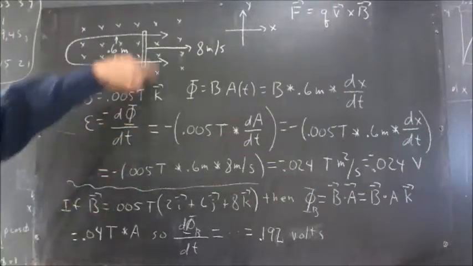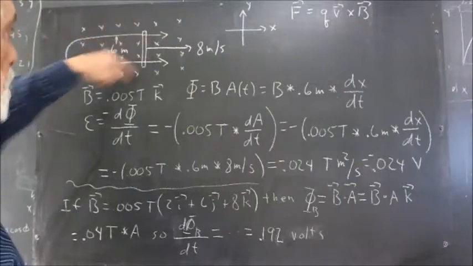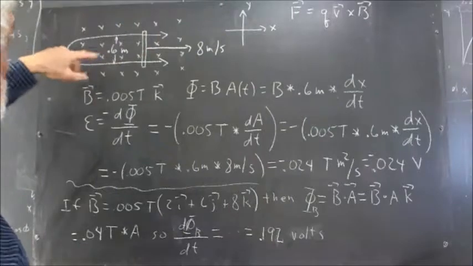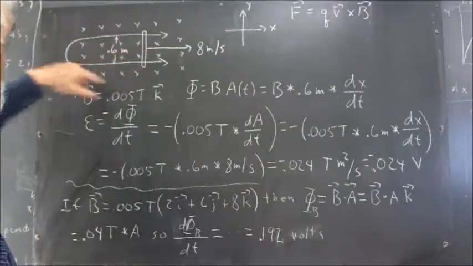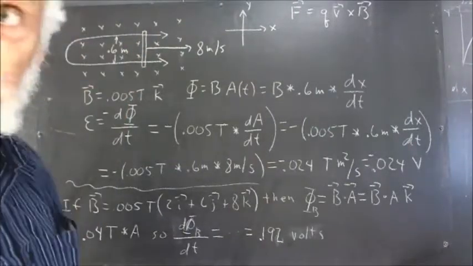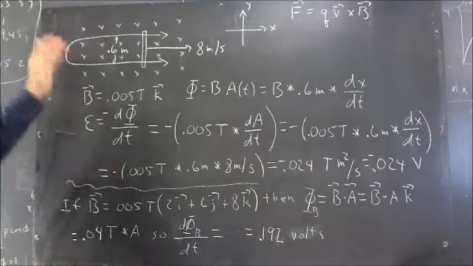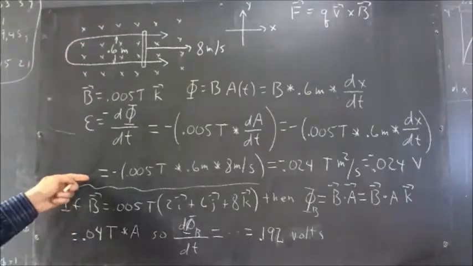Well, the positive direction of rotation is this way, the negative direction is this way. It means that the voltage is going to drop in this direction, and that's the direction in which conventional current is going to flow. So that's actually the answer to this question.